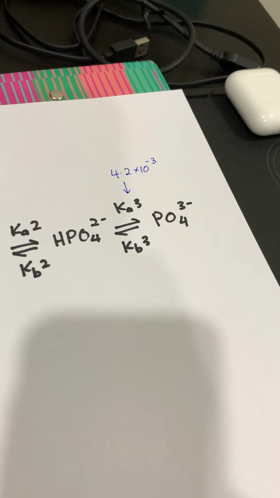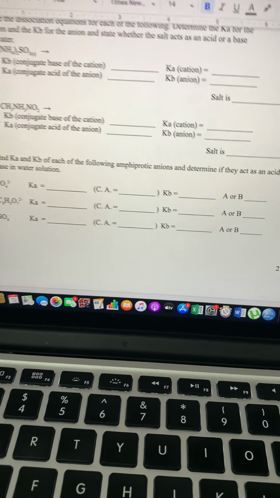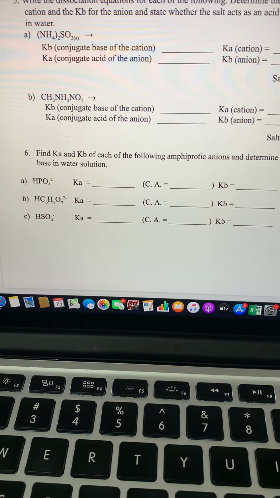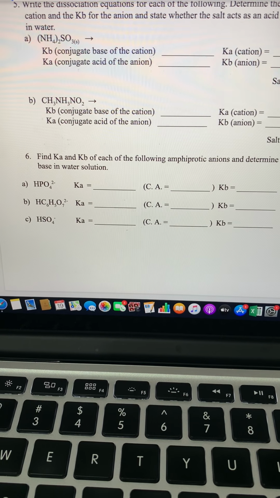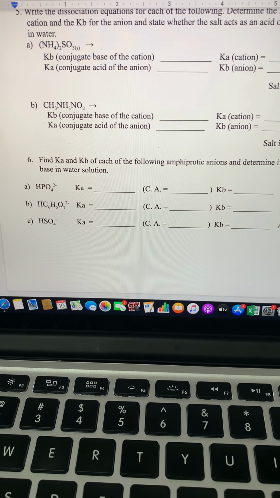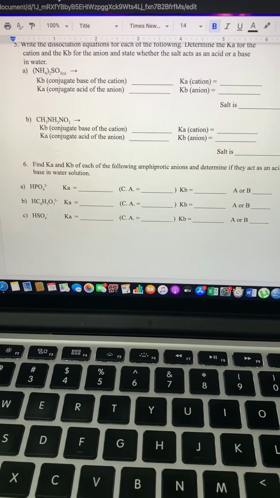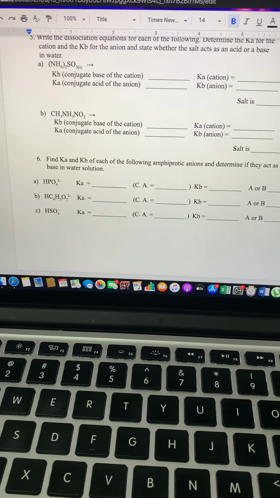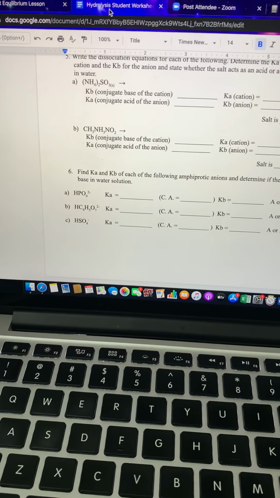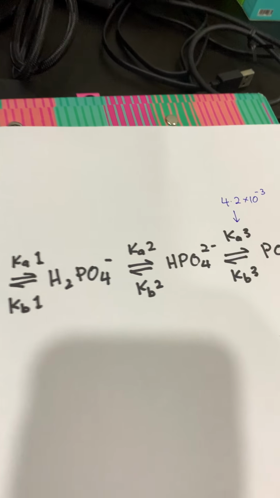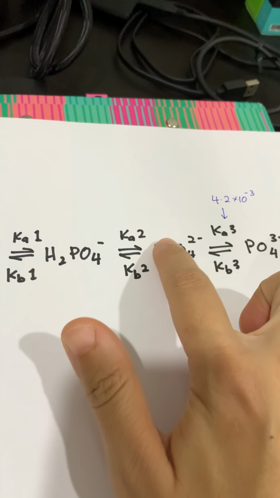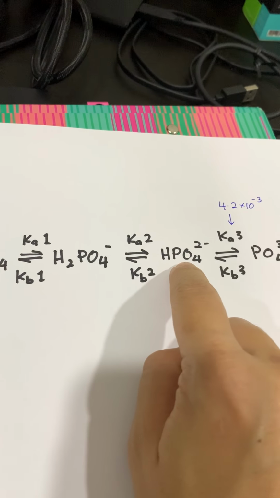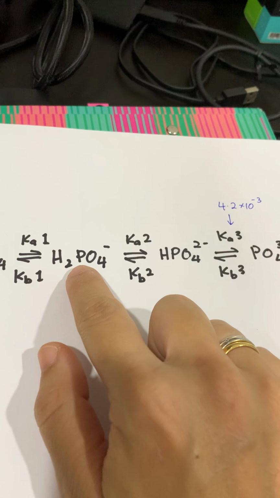Then the question says, in brackets, Ca, its conjugate acid, is the opposite way. Okay, so its conjugate acid, so if now HPO4 2- is acting as a base, its conjugate acid would be this way.